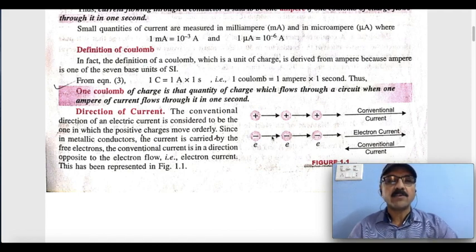Electron flow is called the electronic current or electron current.